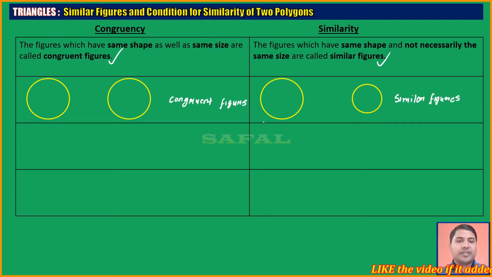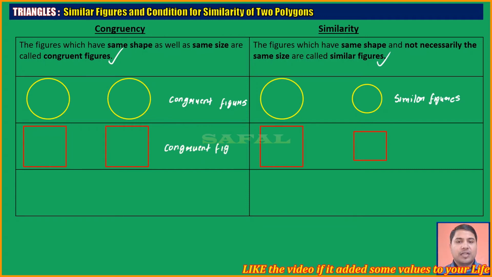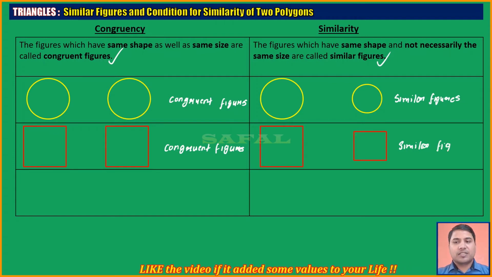Similarly, the next situation, the square case that we took. Here I can see that both the squares are congruent. That means one can be superimposed on the other. Correct? But here I have similar figures, because shape is same but size is not same.